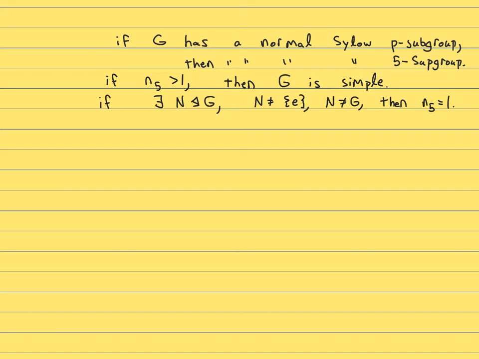And that's not too hard to prove, because what do we know about n? Well, we know it must divide the order of G. And so n must factor as 2 to some a times 3 to some b times 5 to some c, where a is between 0 and 2, b is between 0 and 1, and c is between 0 and 1.